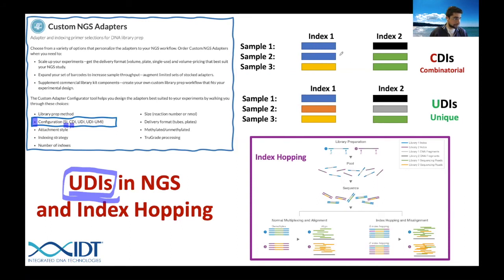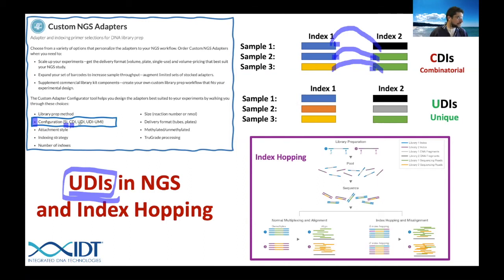But as you can see, in index 2, the green is repeated between samples, and in index 1, both sample 1 and sample 2 share the same index. However, if you use the combination of the two, you can distinguish whether the molecules are coming from sample 1, 2, or 3.